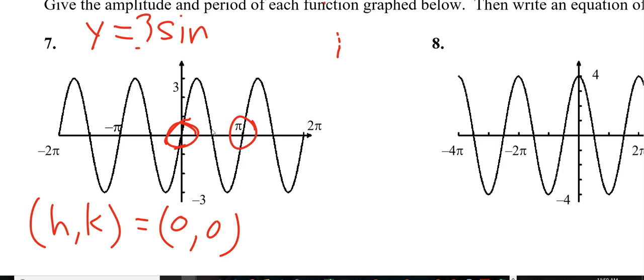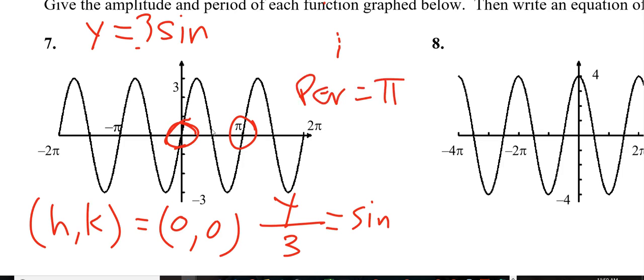Now, I wouldn't care if you put this in fireproof form. If you decided you were going to put y over 3 equals sine of, now, what's the period? Period looks like pi, so what does that mean about A? It's been a shrink by 1/2. Bye now.